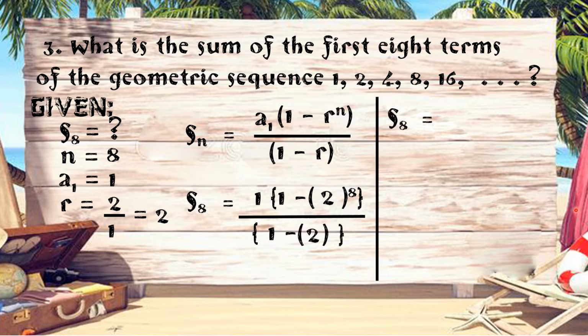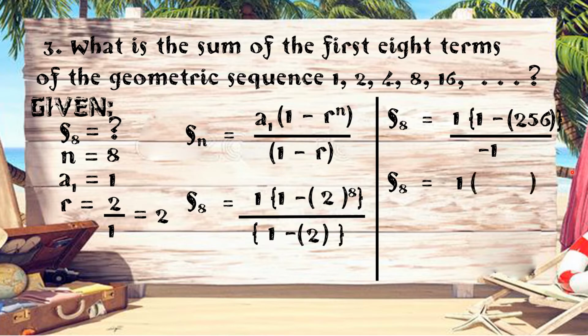And then, we have S sub 8 is equal to 1 times 1 minus 2 raised to 8 is equal to 256, divided by 1 minus 2 is negative 1.